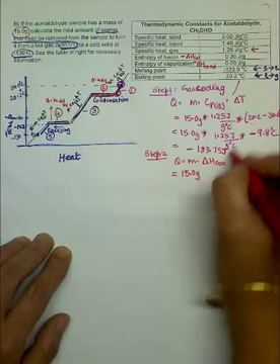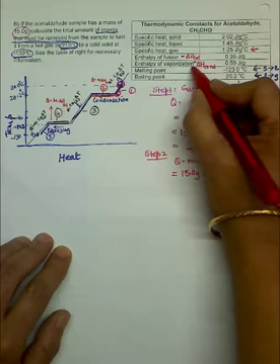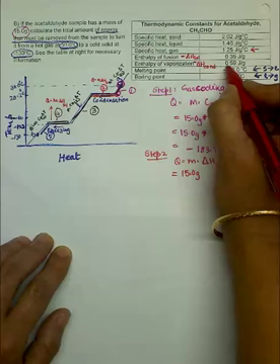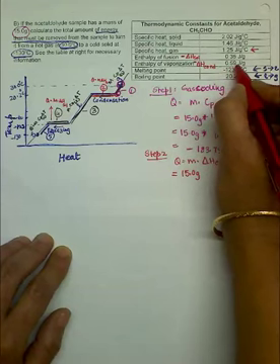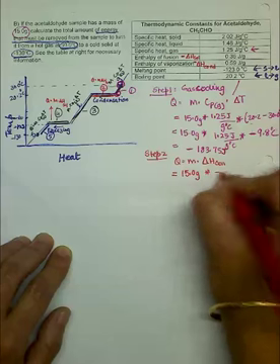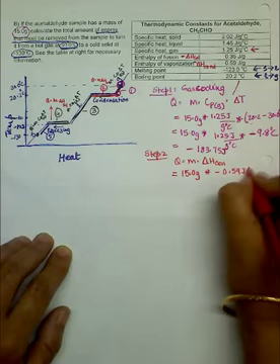And I know my enthalpy of condensation is negative enthalpy of vaporization. Only the sign changes. So the value is 0.59 joules per gram, but it is now negative. Negative 0.59 joules over gram.